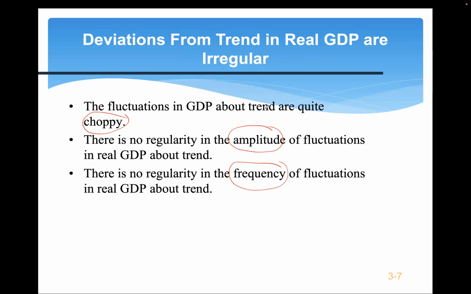Based on these slides, you may feel, oh, this is hopeless to understand business cycle. But wait a second. Yes, we don't have any idea how big the fluctuation can be and how frequent it can be. But later on, I'm going to show you some co-movement and some leading or lagging factors. That is going to give us some clue where we are or which direction we are going.